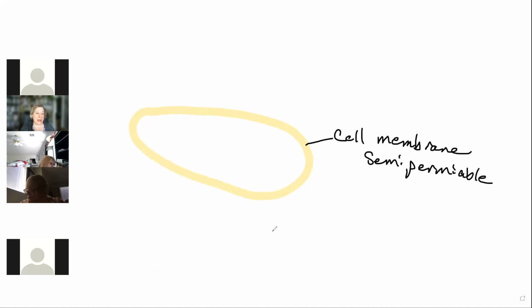Okay, so that's why we care. If we blow up my cartoon here, what we're going to see are phospholipids lined up in a bilayer.